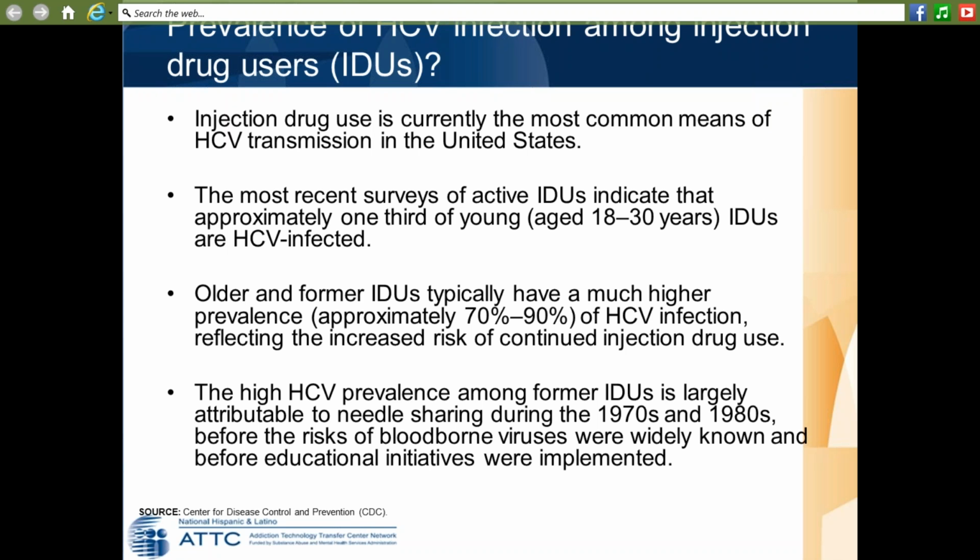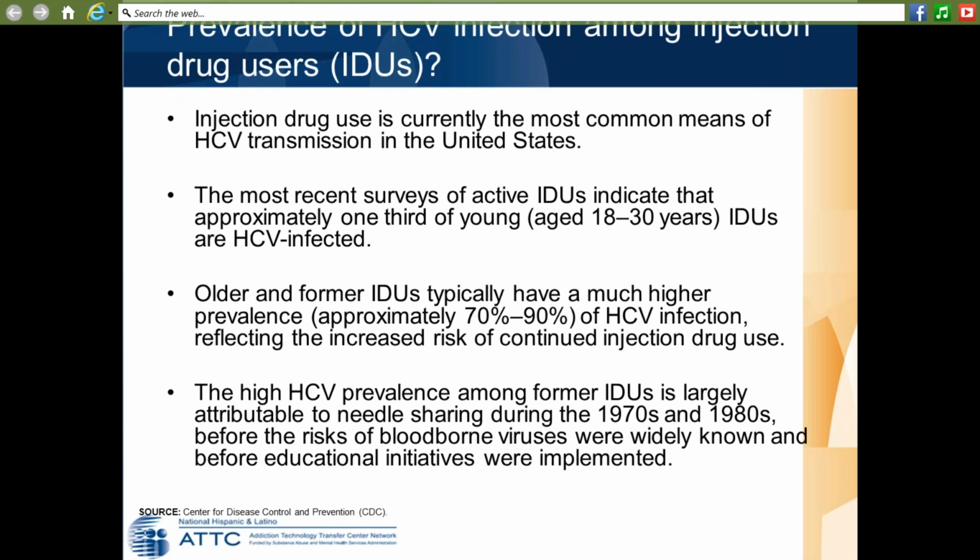Older and former injection drug users typically have a much higher prevalence, anywhere from 70 to 90% of hepatitis C infection, reflecting the increased risk of continued injection drug use. And so it's important to have that in mind and the demographics that we're talking about.